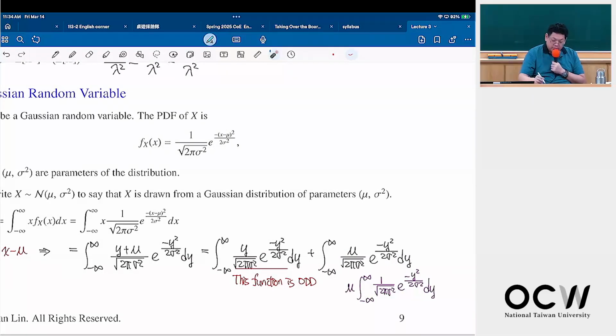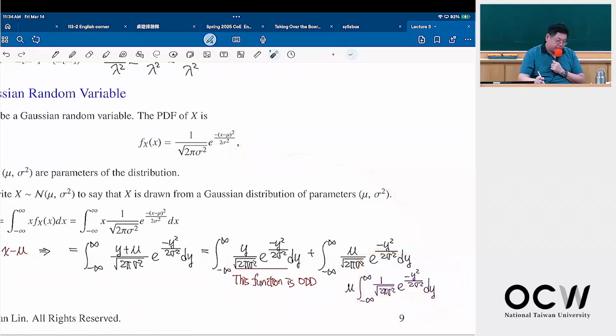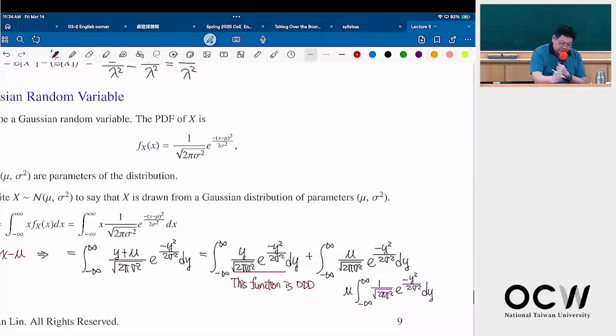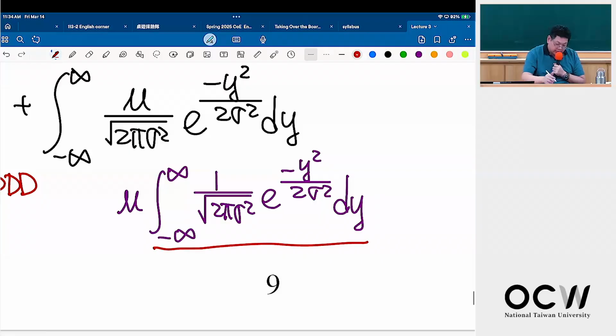This is the PDF of Gaussian, right? So for the Gaussian PDF, you do the integration from minus infinity to infinity. By the property of the PDF, this is 1.